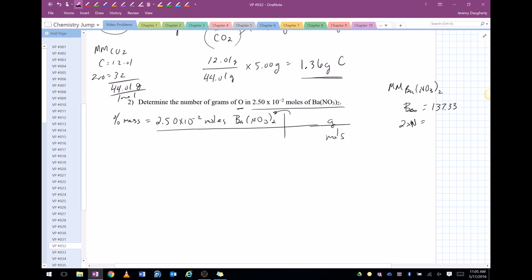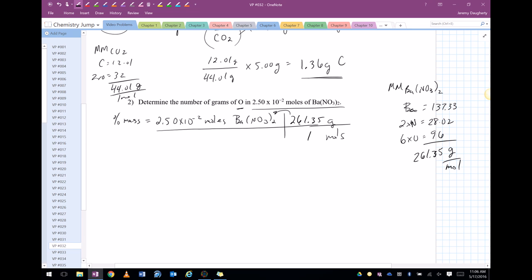Each nitrogen weighs 14.01, so that's 28.02. Then we've got 6 oxygens, so 6 times 16 is 96. So let's add that up, 96 plus 28.02 plus 137.33. So the molar mass of barium nitrate would be 261.35 grams per mole.